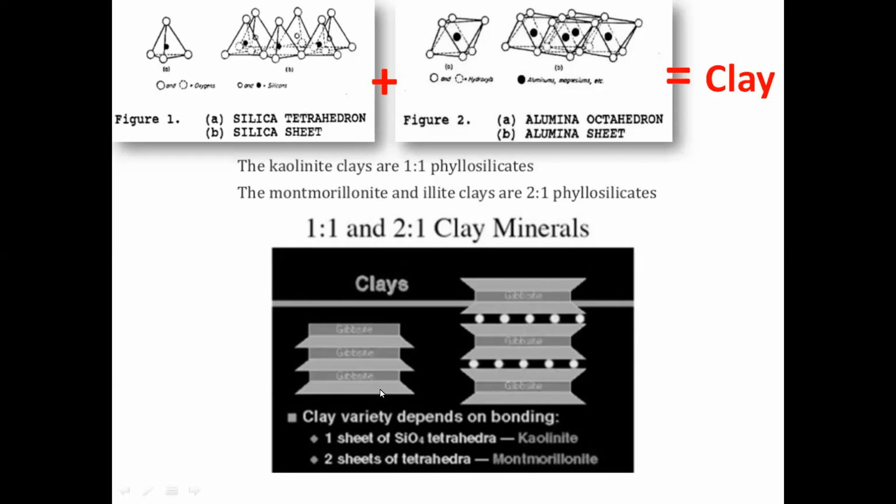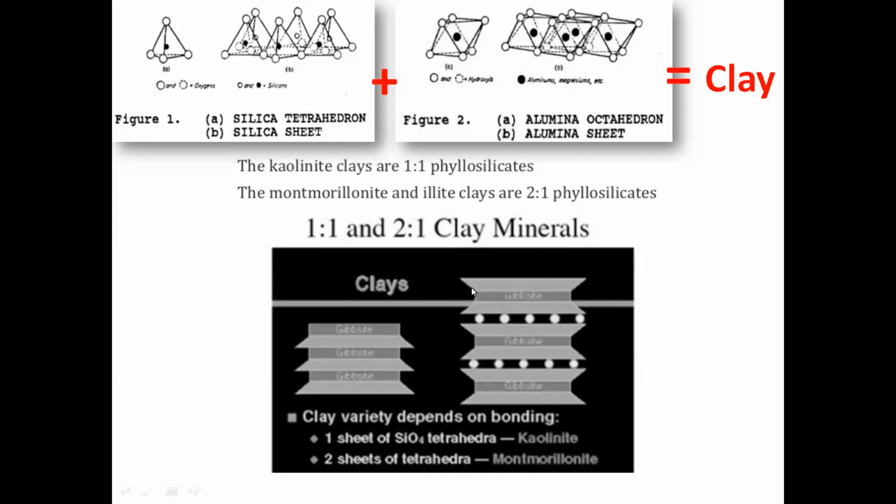it looks like a multi-storied house. The roof is actually nothing but the alumina layer, because you can see from the top that they are tilted. And the middle one is basically the silicate layer. Similarly, in 2:1, you see the silicate layer is in between, covered by, sorry, I said that wrongly.